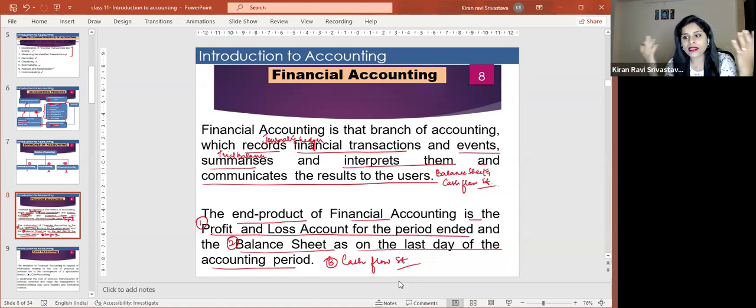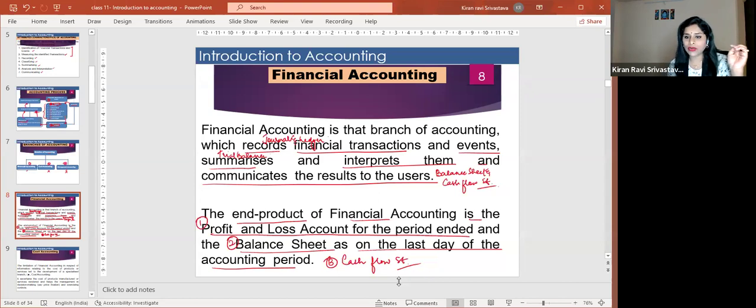There are many other such things which we don't know, and financial accounting helps us to understand. Through financial accounting we make the balance sheet, and the balance sheet gives us many such answers. So what is the main objective of financial accounting? The end product is the profit and loss statement.